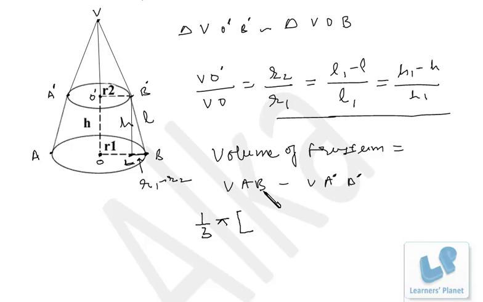That means for this VAB, r square will be r1 square, and h will be the complete height VO, that is h1, minus here for this it is r2 square, and the height will be this height, that is the total height minus this height, that is h1 minus h.